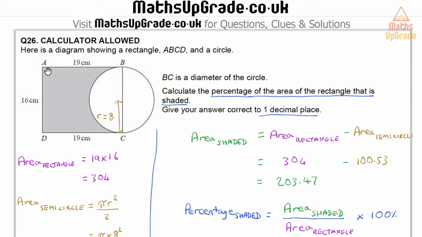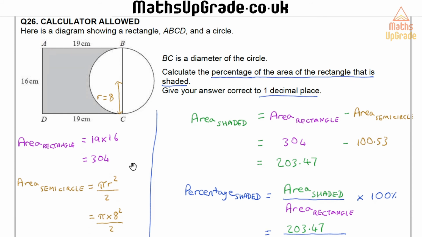Well, area of a rectangle is given by length times width, 19 times 16, which is 304. The area of the semicircle is given by pi r squared, but then I have to divide it by 2 because it's a semicircle. So pi r squared divided by 2. Well, the radius here isn't 16. 16 is the diameter. The radius is 8.